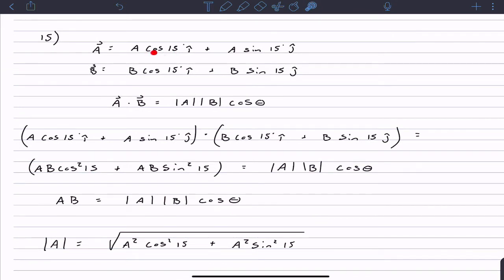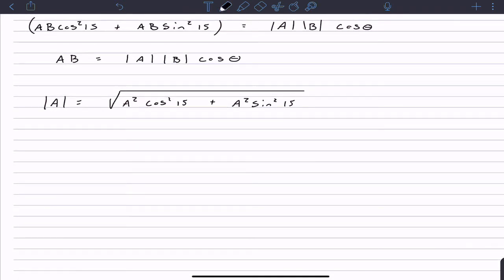So I square each component. This squared plus this squared under the square root. That gives me this. And again, this is going to equal 1. Now I just have the square root of a squared, and that gives me just a value of a.